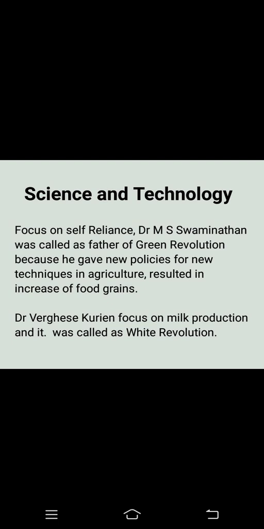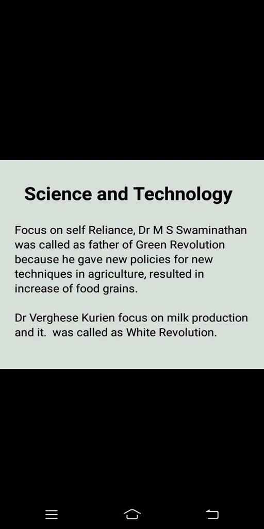Swaminathan was called the father of the Green Revolution. I'll tell you why. He gave new policies and techniques in agriculture. For the farmer, he brought new techniques and new policies so that more people would come and invest in agriculture. This resulted in an increase of food grains.